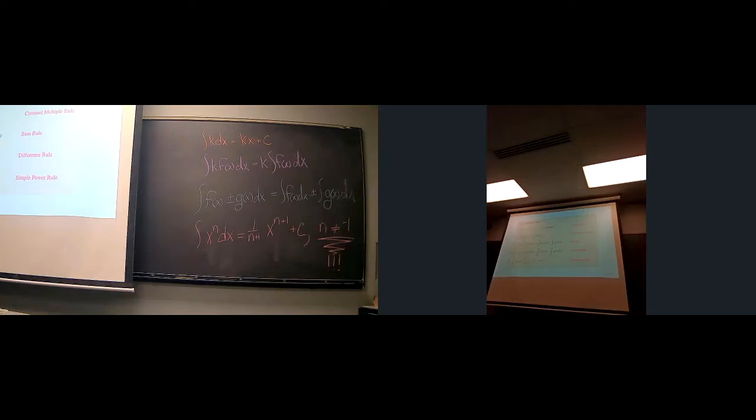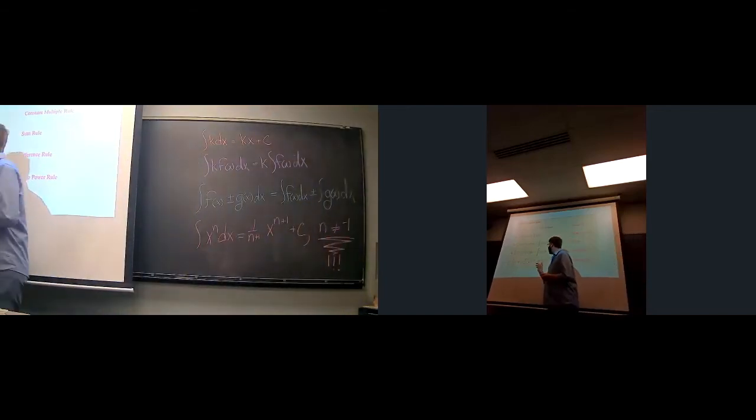So the simple power rule has an important addendum attached to it. It requires that our power isn't going to be -1. And if we think about this, that kind of makes sense, right? If we were to take the derivative of this repeatedly, we're going to eventually get to a constant, right?